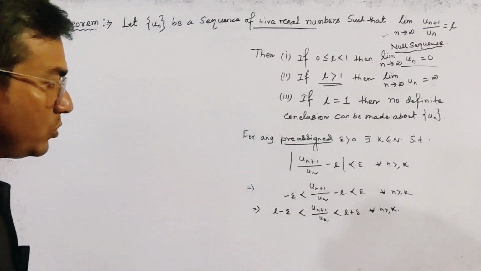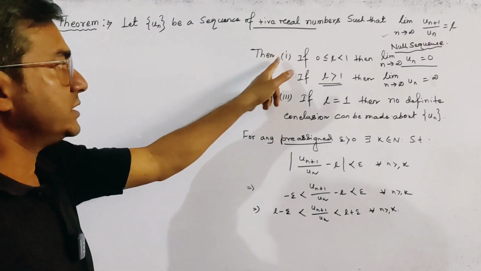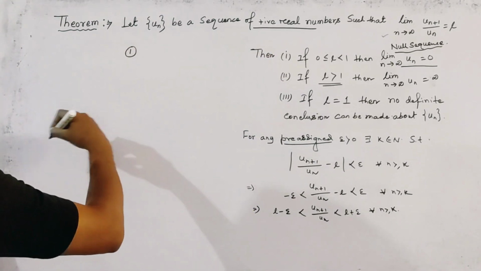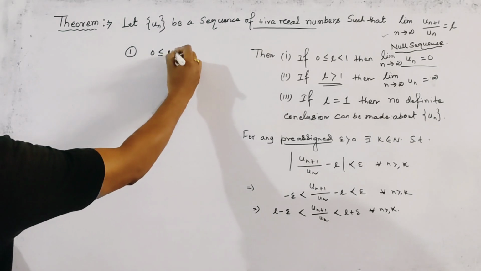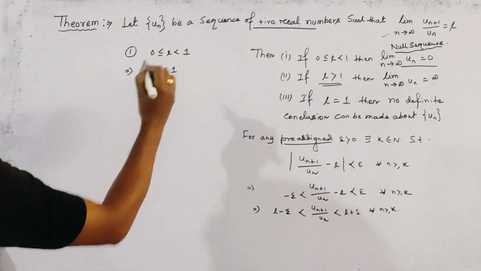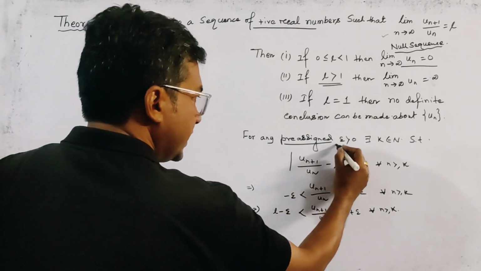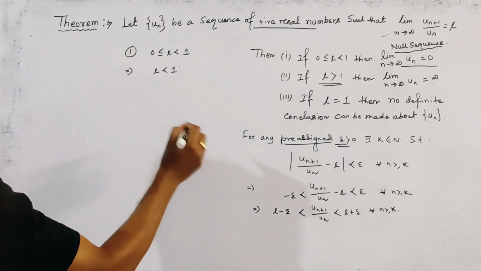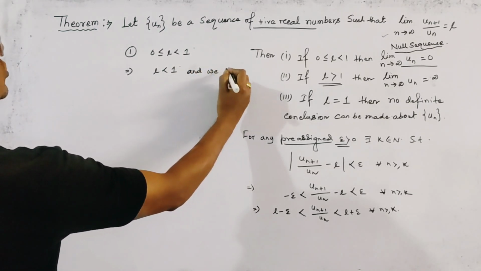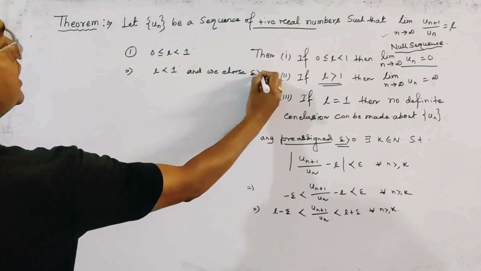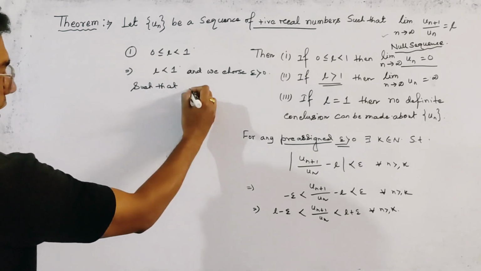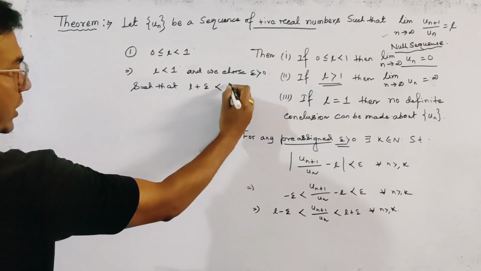Okay. Now we take the first case. In case 1, it is said that 0 less than or equal to L less than 1. And since epsilon is pre-assigned, we choose epsilon greater than 0 such that L plus epsilon is less than 1.